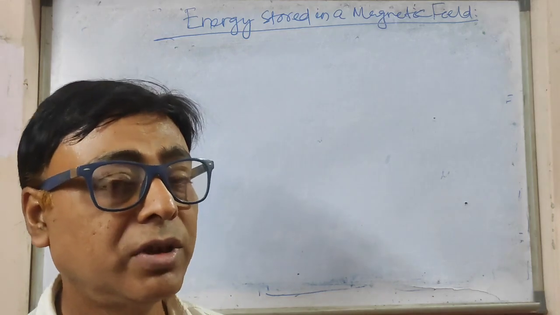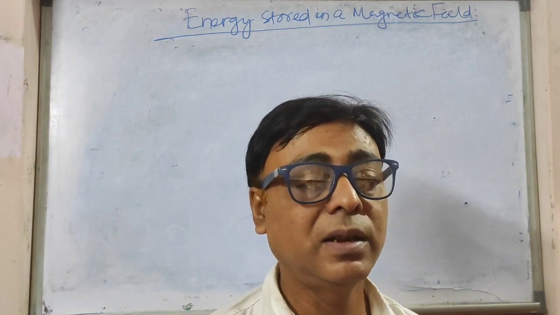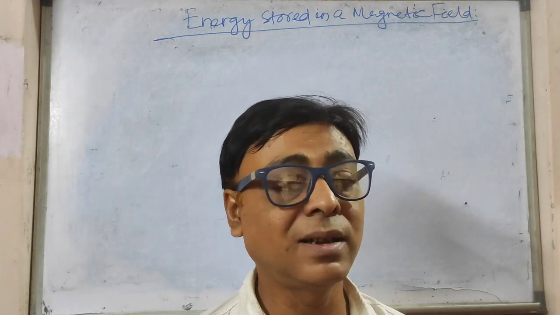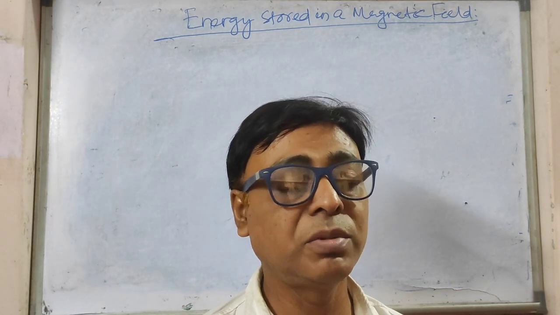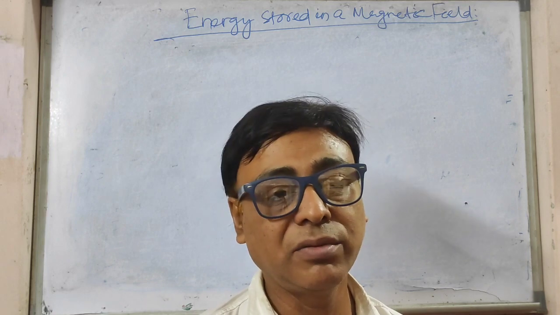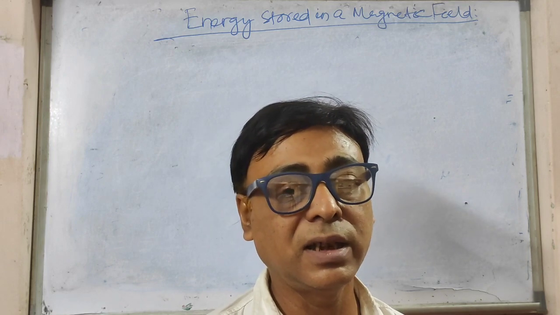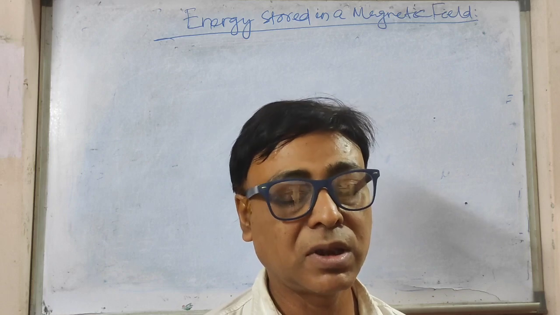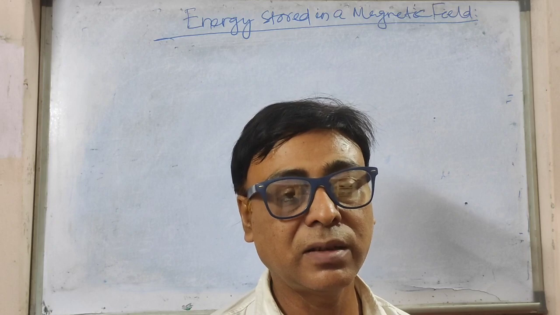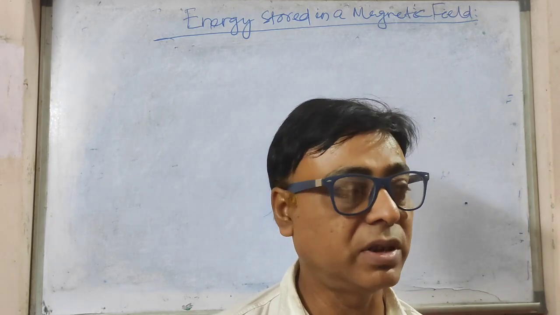That induced EMF exactly opposes the applied EMF. So some work has to be done to establish the current in the magnetic field. In the inductor, that is converted to energy, which will be stored in that inductor, in the form of the magnetic field.